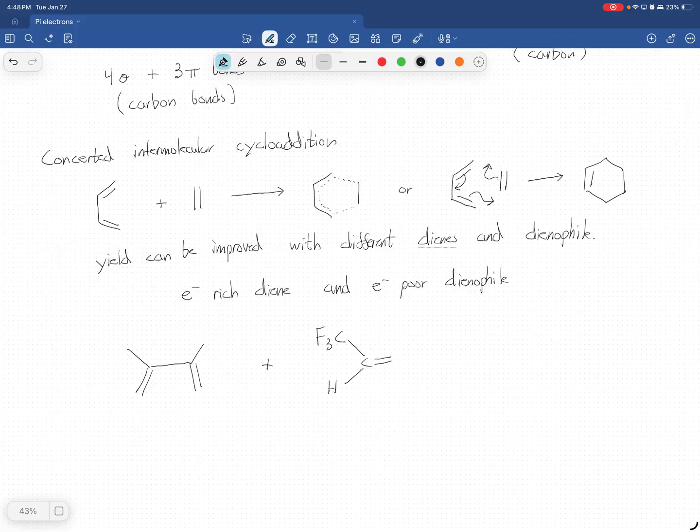Write that on a piece of paper or note card, and when you write your answer, please turn that in to me. And then we will talk about this next time, okay? So write down these two molecules, and under one, put electron rich, and under the other, put electron poor, okay? Then we'll talk about that starting next time on Thursday in class, okay? All right, that'll be it.